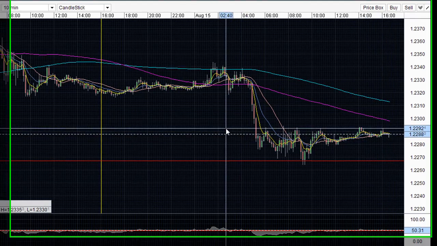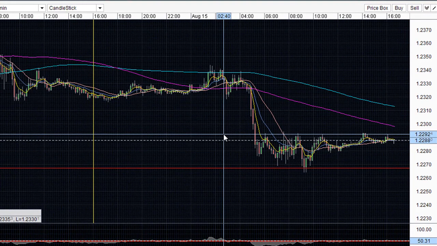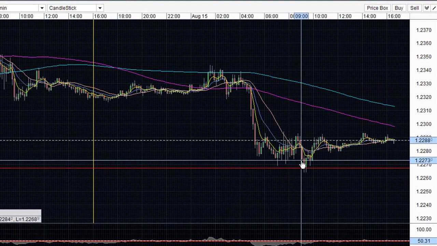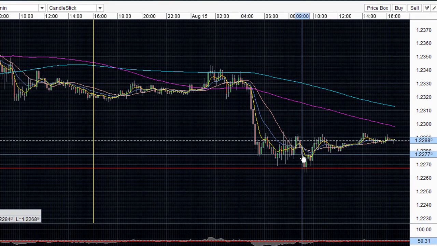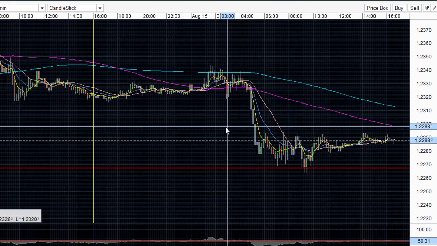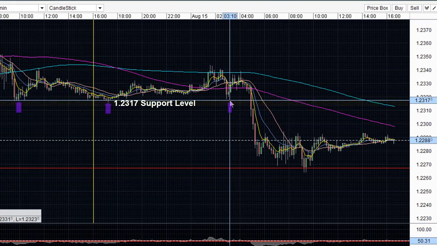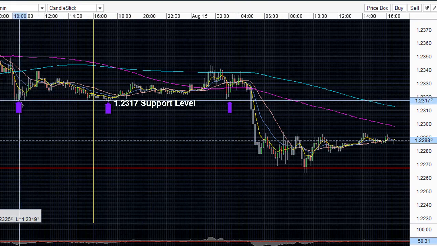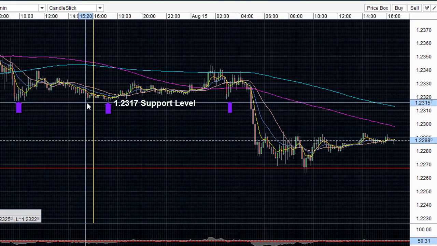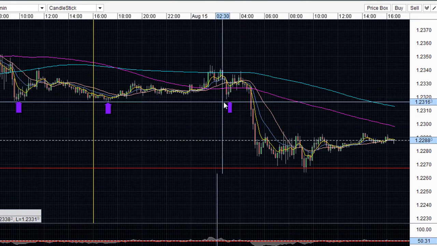If I were looking for an opportunity to enter a trade during this bearish move lower, I would have done so when price broke this 23.17 support level right here. You can see that on a few occasions today and once yesterday, this 23.17 zone served as support for our pair.